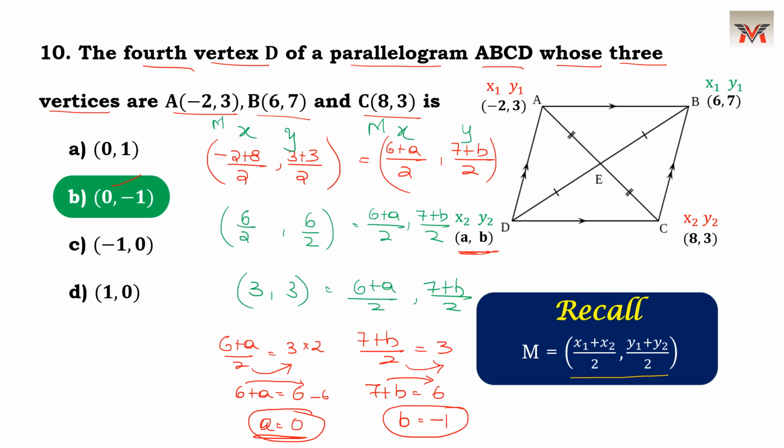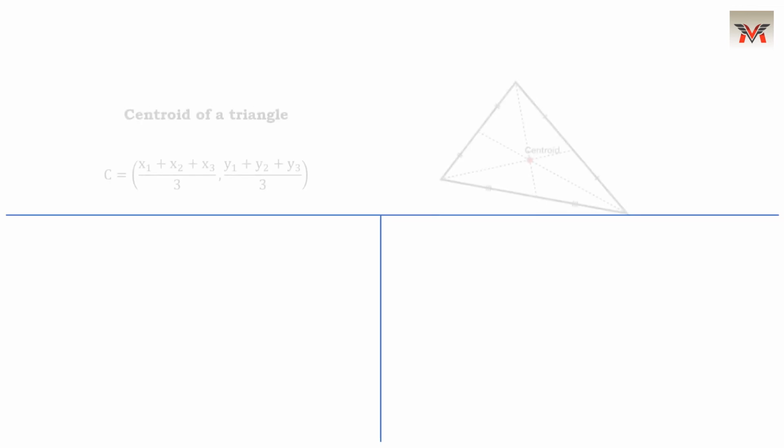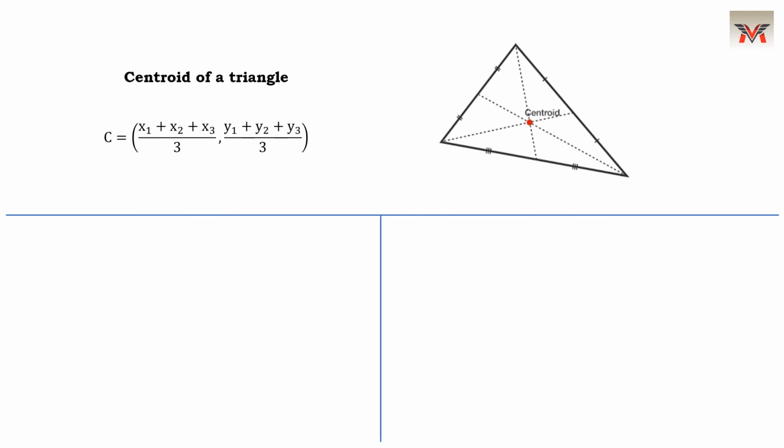Okay, so here we have already completed 10 questions. Now let us see what all the formulas we had come across in today's class. So we have used the centroid formula in today's class, that is centroid (x, y) is equal to (x1 plus x2 plus x3) by 3, (y1 plus y2 plus y3) by 3.